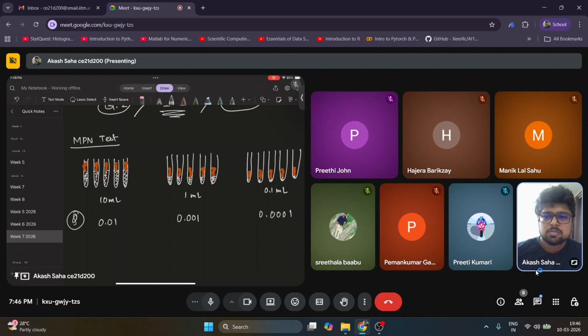So we are adding very little. How many times lesser sample are we adding? 10 divided by 0.01 is 1000, so we are adding 1000 times lesser sample. And in the question it is found that in the first 5 we have all 5 positive, in the next 5 we have 3 positive, and in the next 5 we have 1 positive.